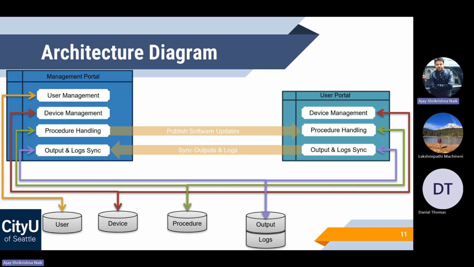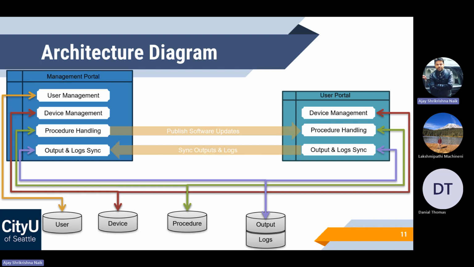So, the architecture diagram. There are two portals. One is the server, which I'm calling the management portal, and the second is the user portal, where the actual device is. Currently there are four components: user management, which has the user registration screen, device management screen, procedure handling, and output and log sync-up.